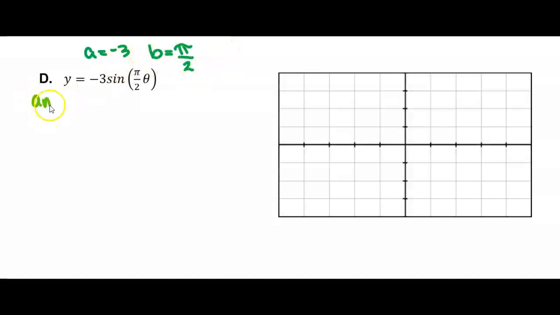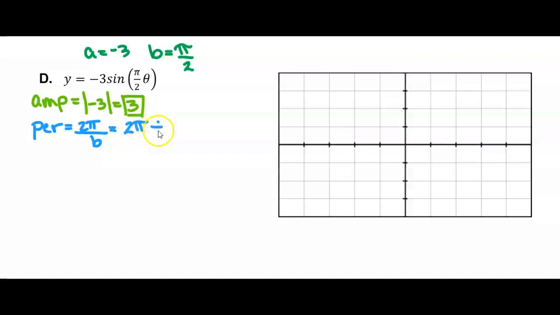So our amplitude is the absolute value of A, which is the absolute value of negative 3, and our period is 2 pi divided by B. So we're going to have 2 pi divided by pi over 2. I don't like to write a fraction on top of another fraction. So how do I divide by a fraction?